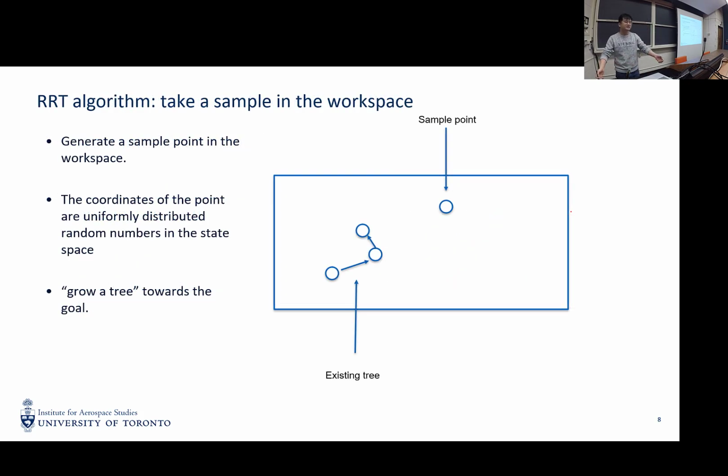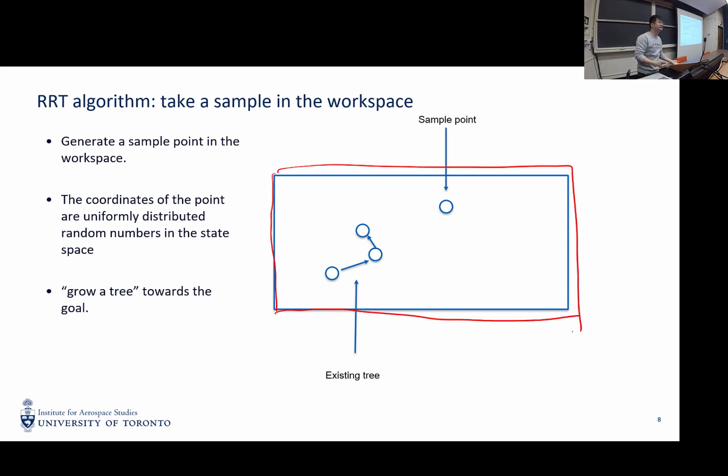So then, how does the RRT work? Because RRT is a sample-based algorithm, the first step is to take a sample in the workspace. Usually for a robotic application, the workspace is described by a map.